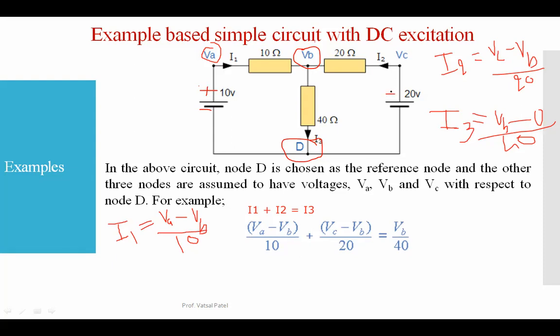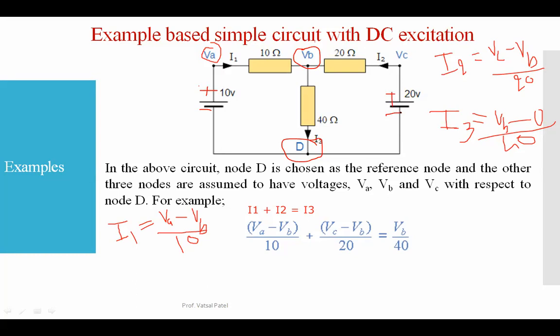Same thing over here, plus minus the positive and negative polarity. So we can write indirectly that VA is equal to 10 volt, because if you see that subjected to that VA node, the source of 10 volt is directly connected.